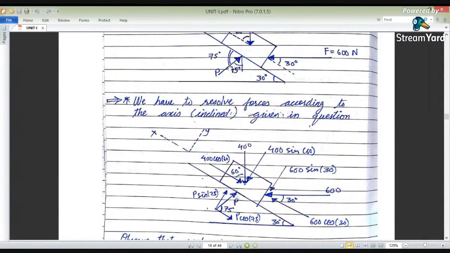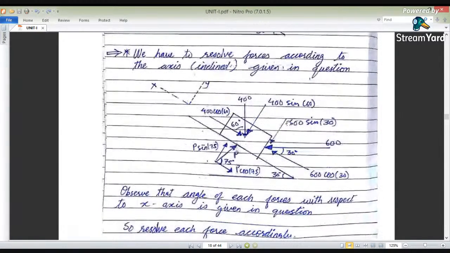Again, this force is making an angle of 75 degrees. We have resolved this using opposite angles: we drew a horizontal, and by opposite angles we transferred the 75 degrees here. Along the horizontal direction, considered as X, the component is with cos theta, and along the other we consider the Y direction.